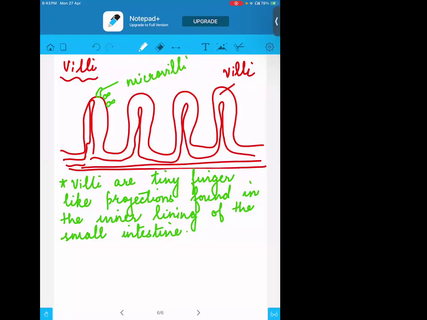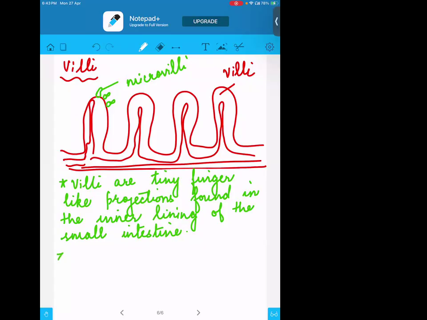Earlier we used to get the SIM, then they converted that normal SIM into a micro SIM, and then reduced the size further to a nano SIM. Same way, the villi are a little bigger in structure, but the microvilli are minute finger-like projections present on the villi itself.